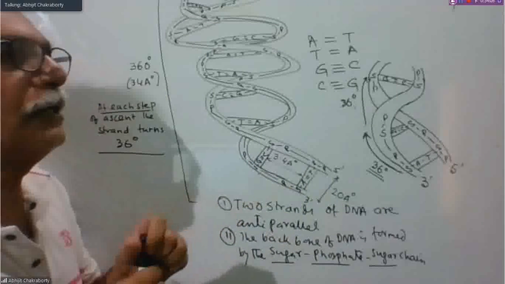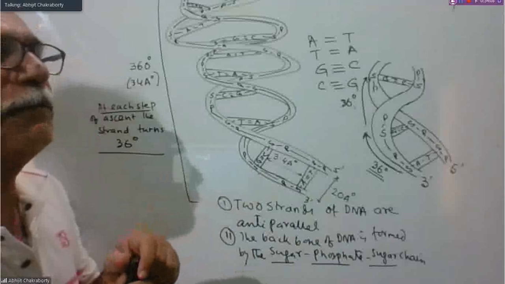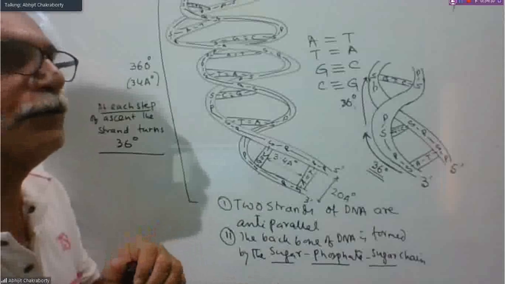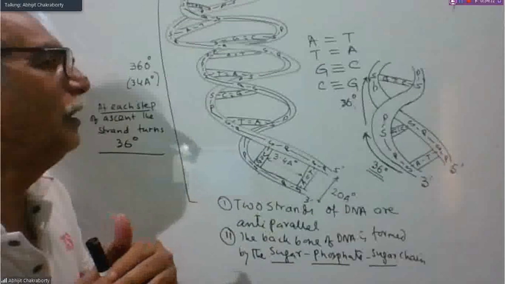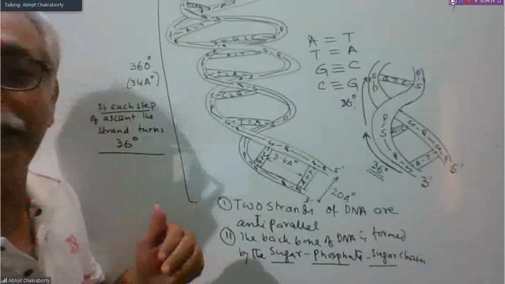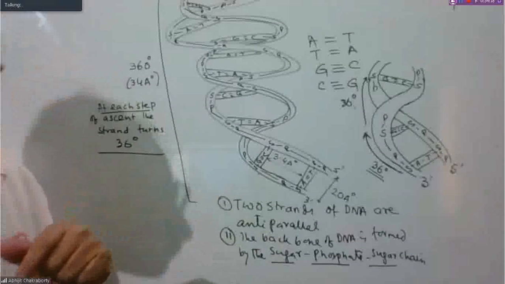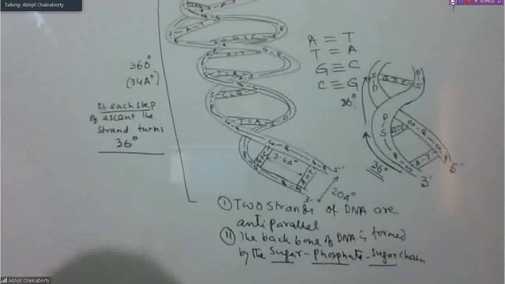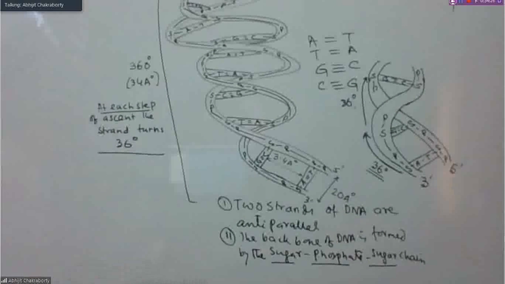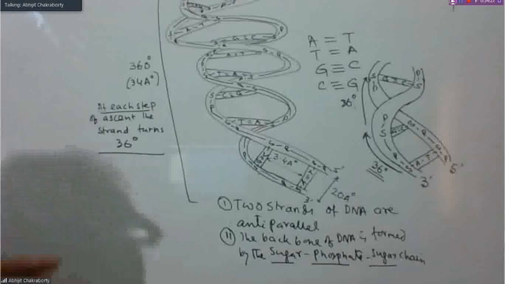If you go to their structure, normally they are found perpendicular to the backbone of the DNA. Found perpendicular. That means the way they are arranged, found perpendicular.